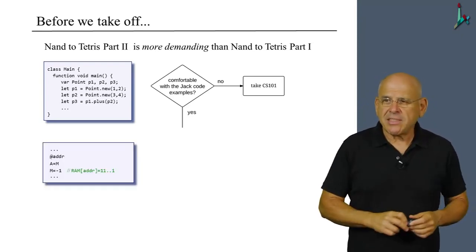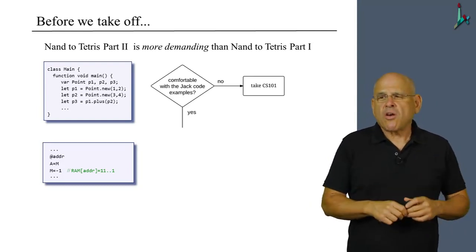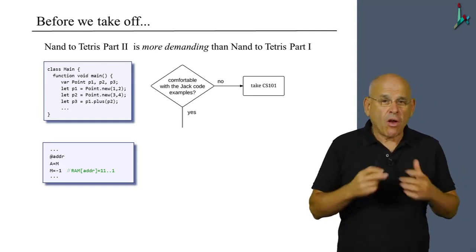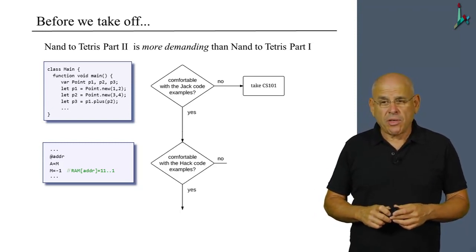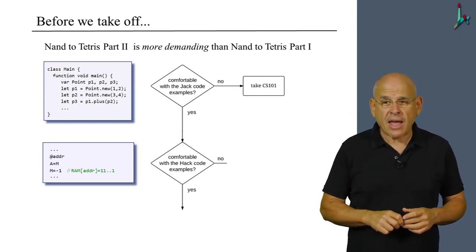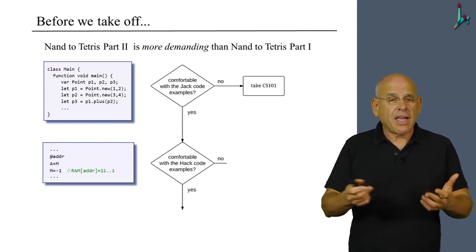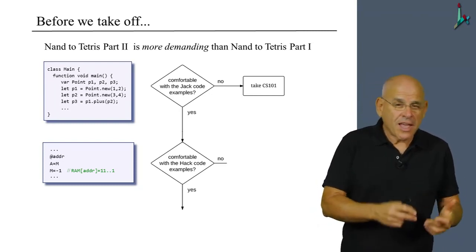So if the answer is yes, then my next question is, we also saw quite a few examples of low-level programming throughout this unit. So my question to you is, do you feel comfortable with low-level programming using the Hack assembly language? Do you understand what A equals M is? What is A? What is M?